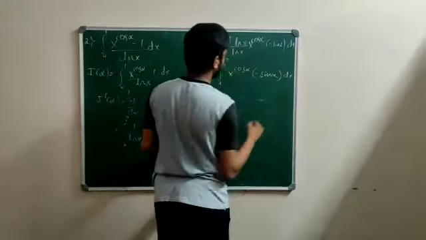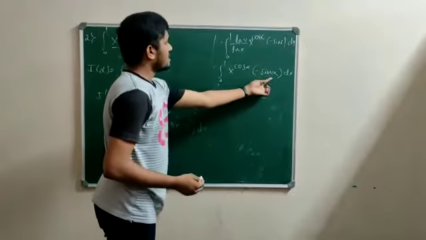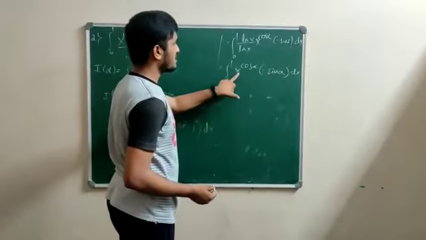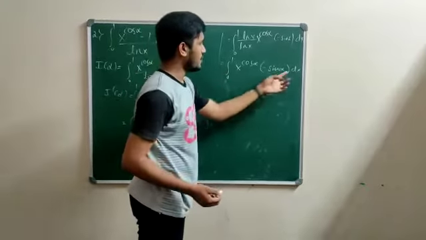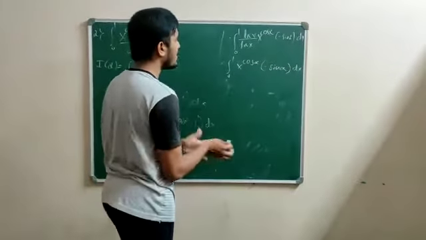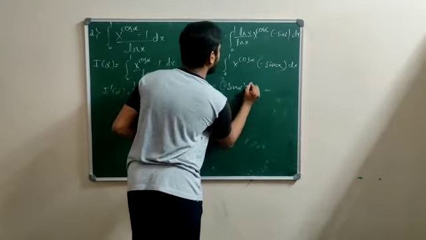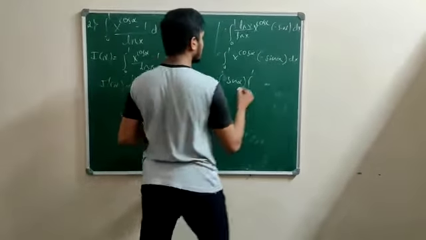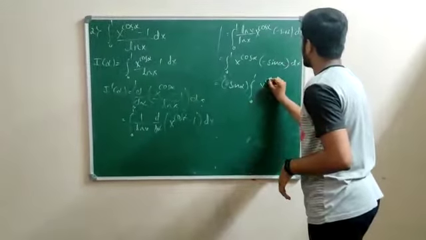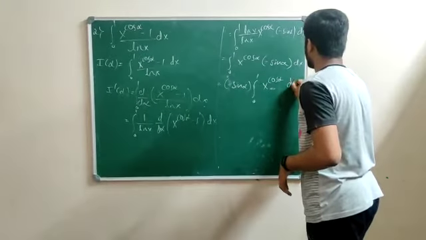Into dx. Here, since sin alpha is a constant and we are integrating the function with respect to x, we should take sin alpha outside. So minus sin alpha into the integral of 0 to 1 of x to the power cos alpha dx.